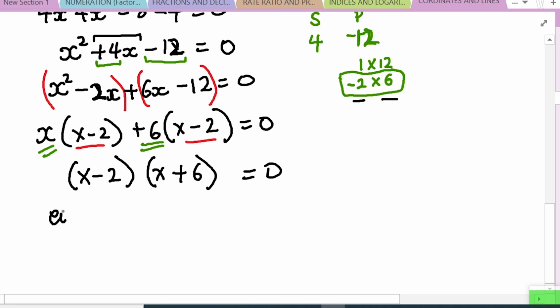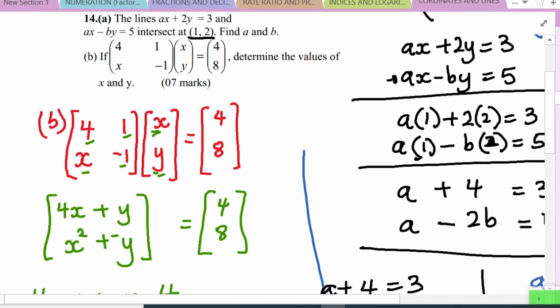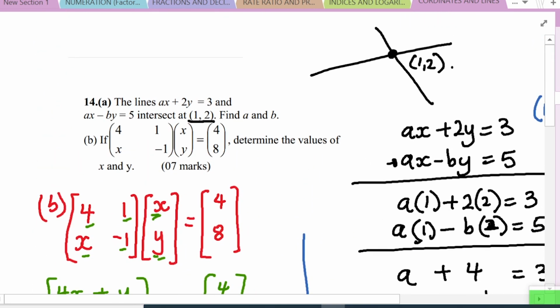So here you can say either x minus 2 is equal to 0 or x plus 6 is equal to 0. So our value of x is 2 or our value of x is negative 6. It's one of these two. Now that we have the two values of x, x is equal to 2 and x is equal to negative 6, what about y?